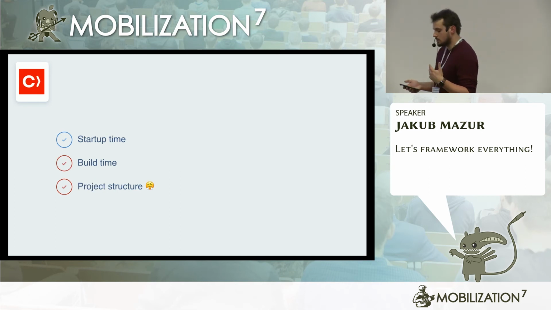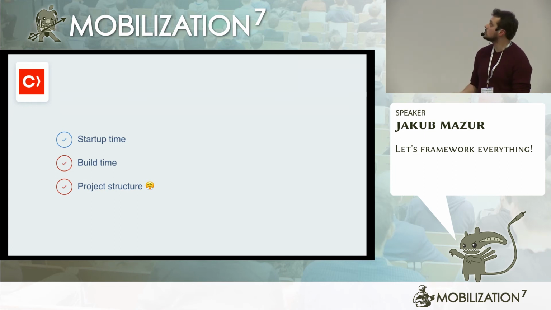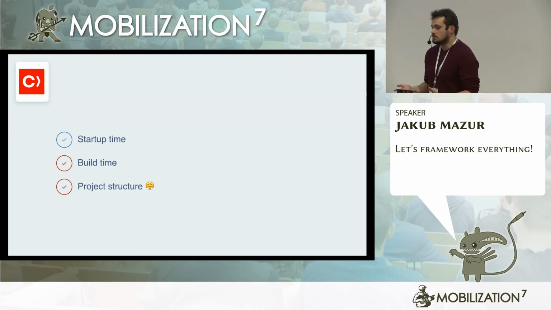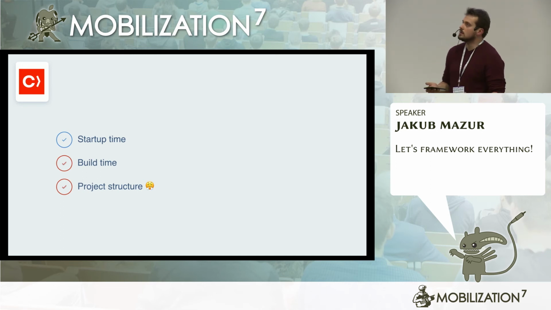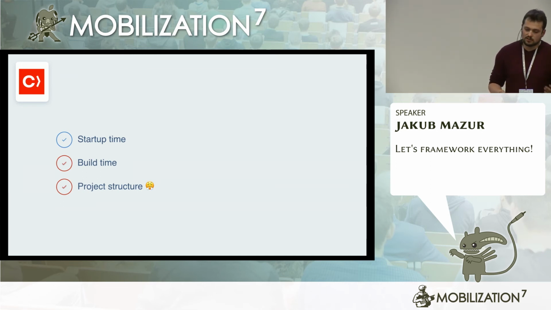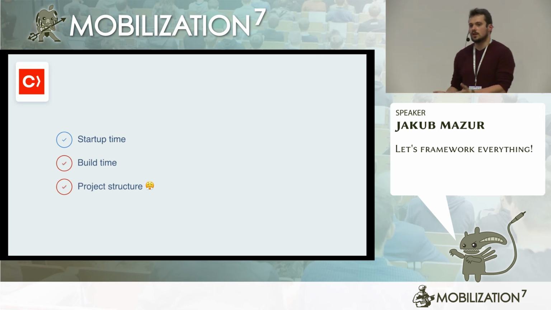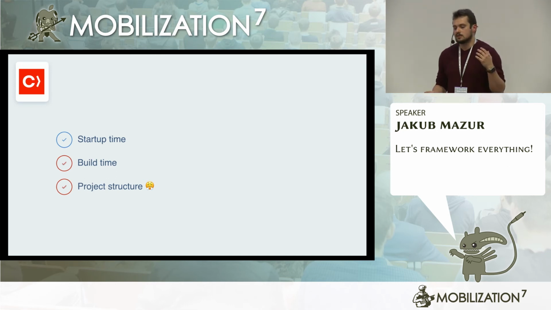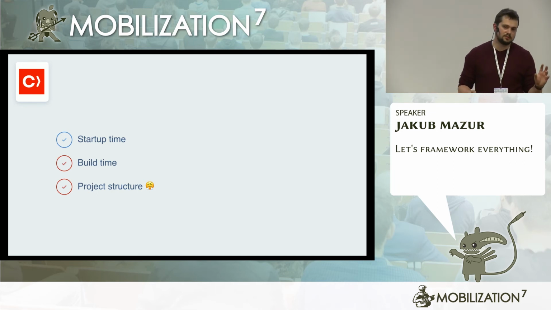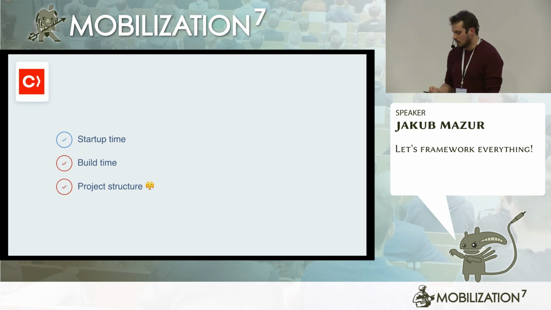Startup time will be pretty fast because it does not necessarily contain the frameworks. Build time will be higher, and what I don't like about it is that it changes the project structure. It gives you a workspace and changes your project files that may contain valuable things for you.